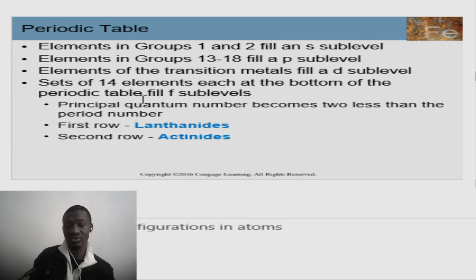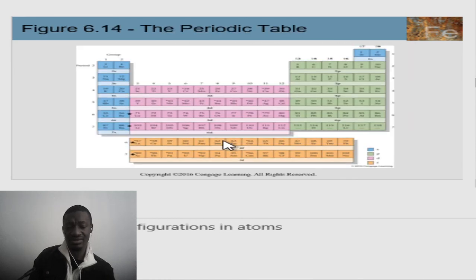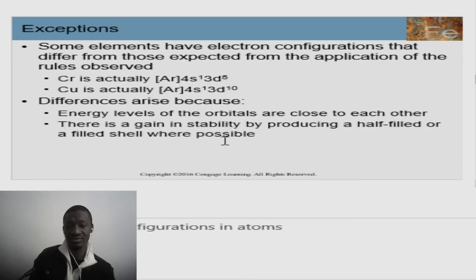Then you have your f orbital, that's the one that does 14, and those are where the lanthanide and actinide series are present. Notice that in the periodic table I showed you previously, there was no lanthanide series. They are underneath the periodic table. So I think they're here. Yeah, this is. Let me just go back.